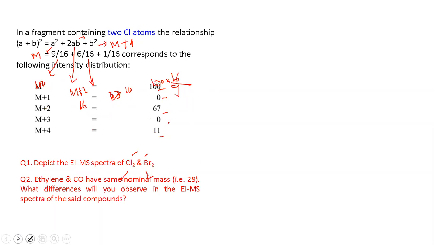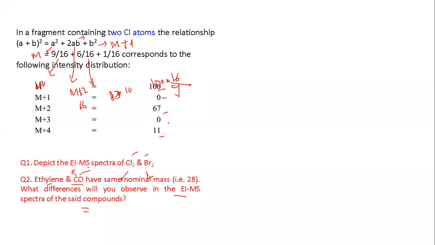Now quickly, another thing: ethylene and CO have the same nominal mass 28. What differences will you observe in the EIMS? You have to calculate that based on the equation A plus B whole to the power 2. It may be a bit difficult for you, but still try. A plus B is for one particular atom.